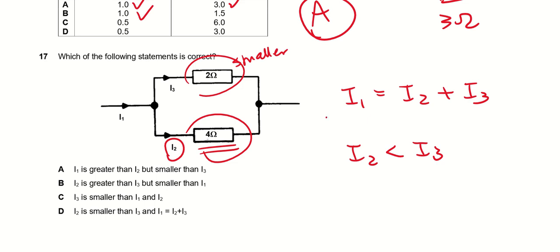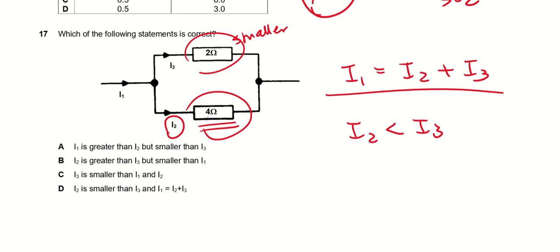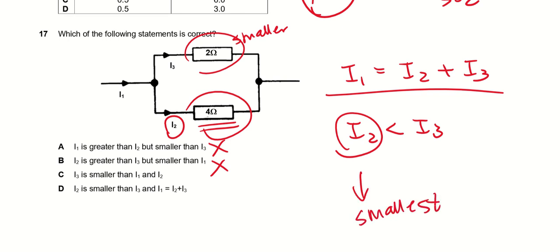But do take note that I1 is equal to I2 plus I3. So let's look for the correct answer. This is incorrect, I2 is greater than I3. This is incorrect, in fact I2 is the smallest current. I3 is smaller than I1 and I2, not true. I2 is smaller than I3, so D is the correct answer.